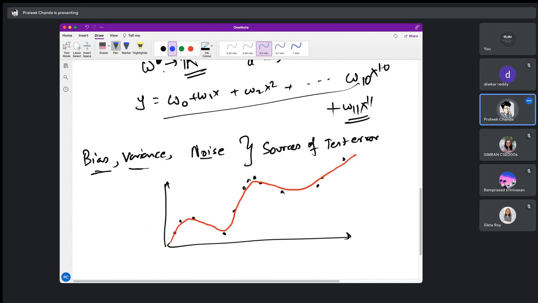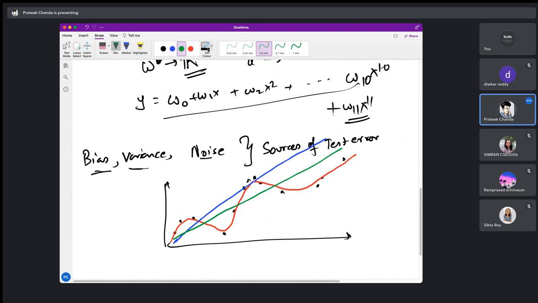But my fitted hypothesis, a prediction g of x, can be something like this, or something like this, or there are many multiple possibilities.